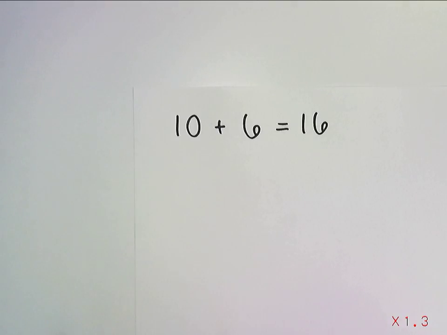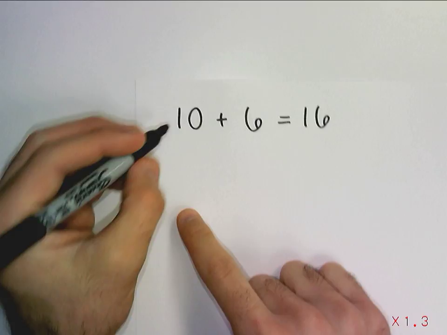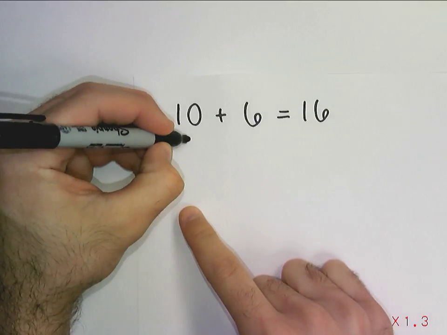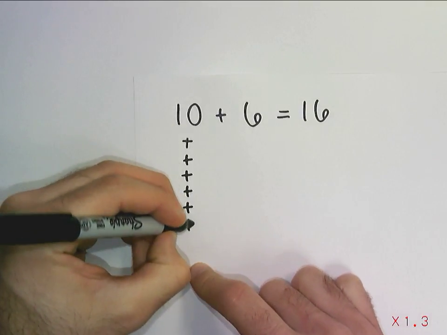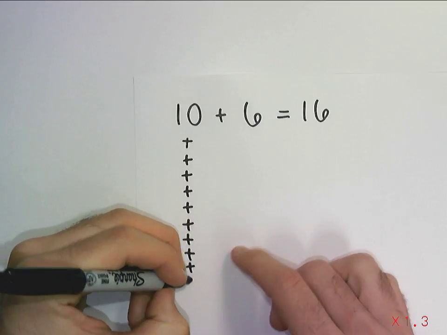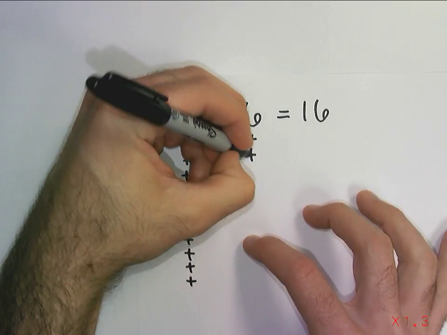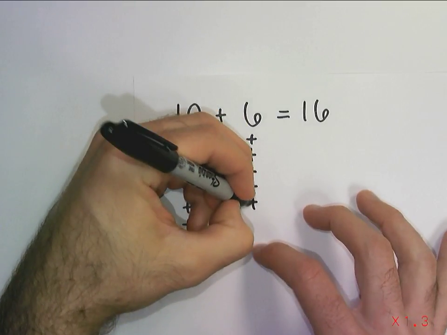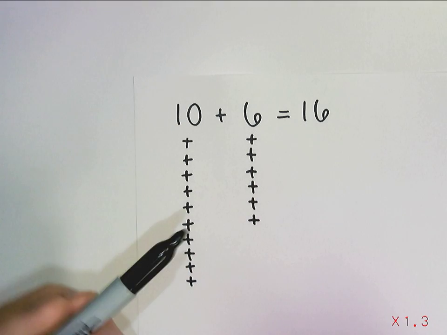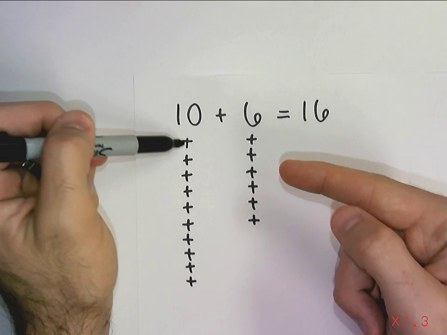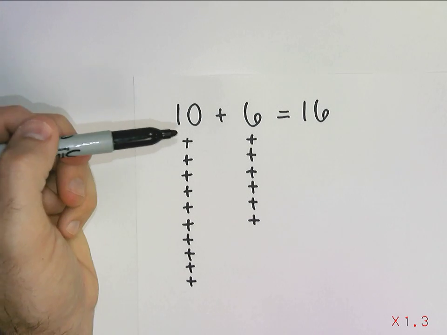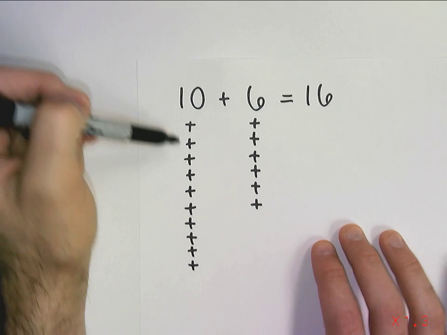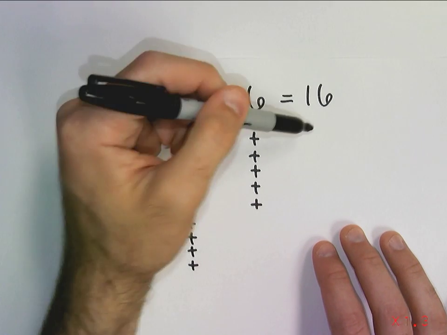Another way to think about this when you're doing integer addition is to think, well, I have 10 positives and 6 positives. Now if we were to have negatives in here, a negative would cancel out a positive, but in this case they're all positive, so we'd count up the total number of positives that we have, which would be 16.